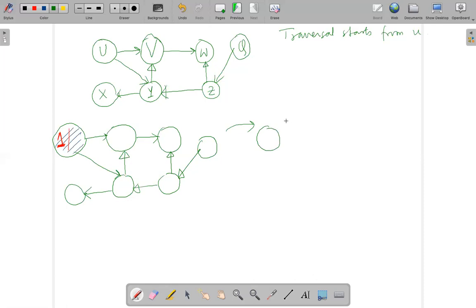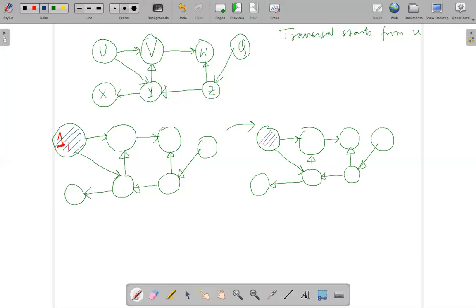Then in the next step, we have, so now the node V has been marked gray, okay, and its discovery time is set to 2.